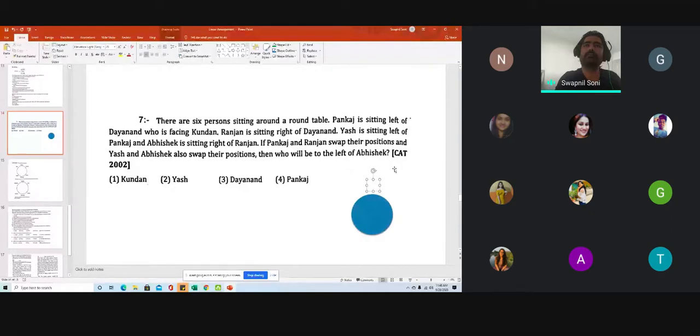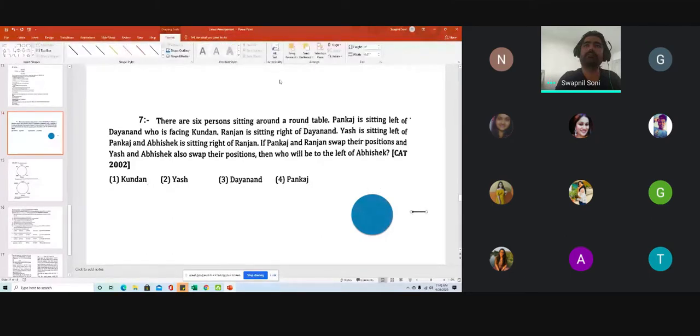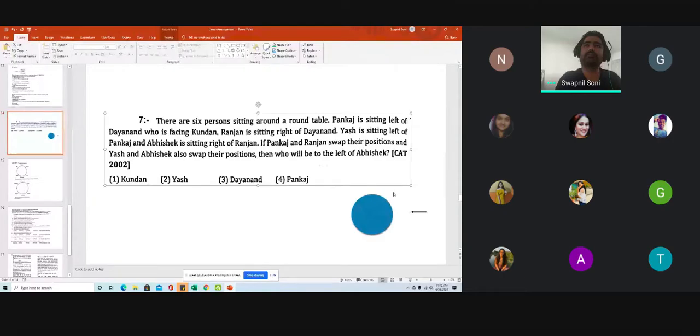So there are 6 people sitting around a round table. Now, unless they have specified anything in the question, you have to assume that everybody is facing inside towards the table. So everybody's direction of facing is towards the center of the circle.